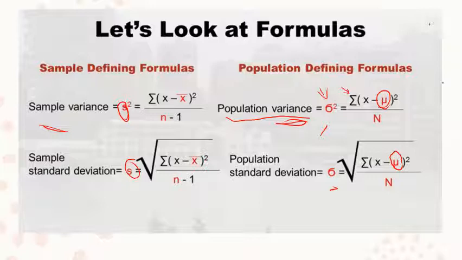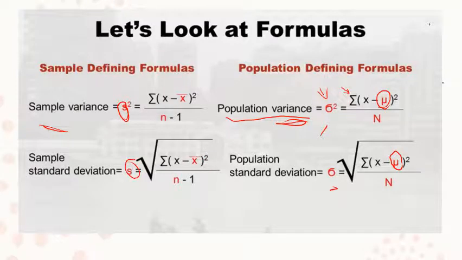When it's a sample, it's a small amount of numbers, a small amount of participants, a small amount of values that you're working with. When you're working with populations, you're looking at huge numbers, large data sets. So subtracting 1 from it wouldn't even hurt it at all. It wouldn't do anything to it.